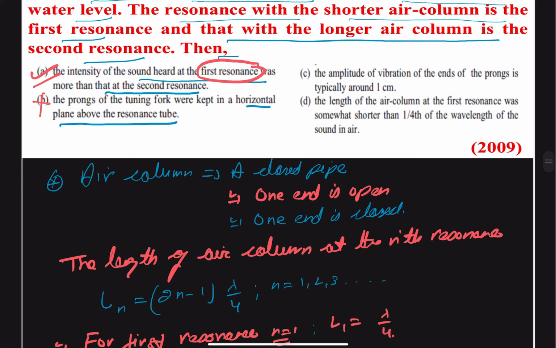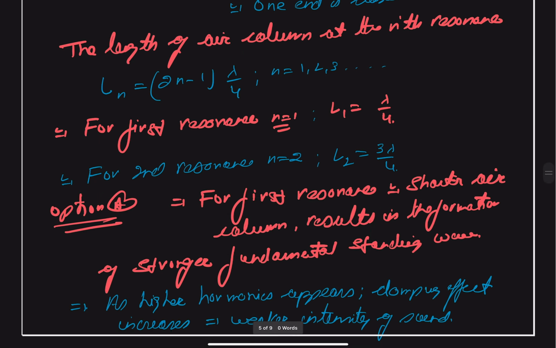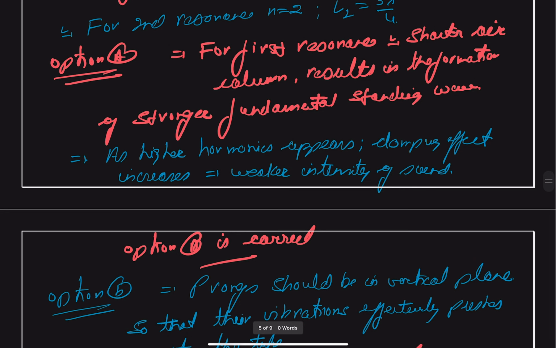So let us check option C. The amplitude of vibration at the end of the prong is not 1 centimeter; the amplitude is very small.